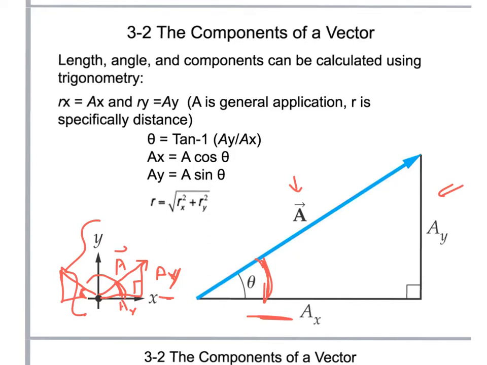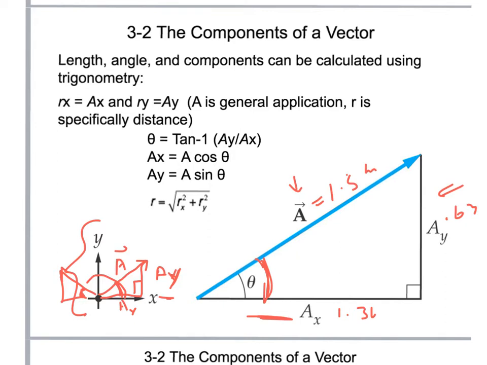But back to our length, our angle, and our components, they can be calculated. If we knew that this is 1.5 meters, or as we saw in the last slide, 0.634 and 1.36, we wind up with our X and Y components.